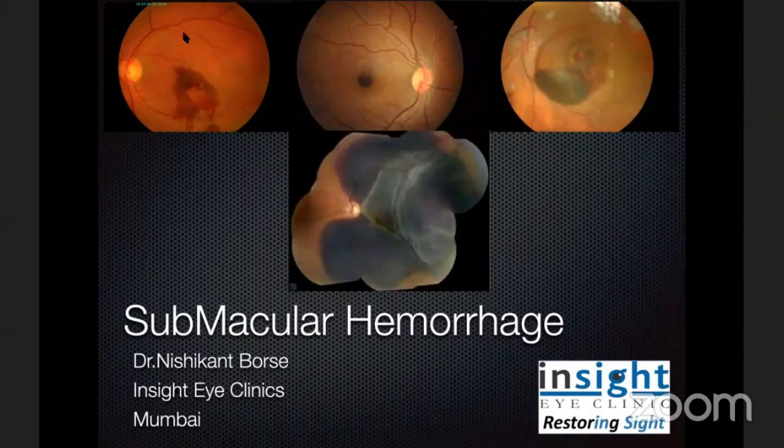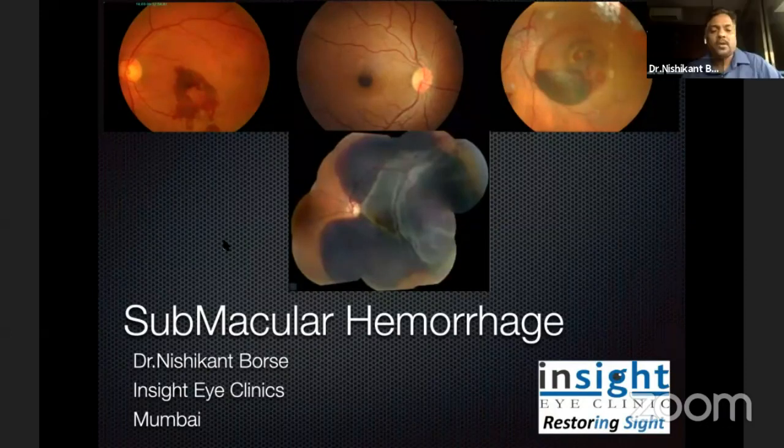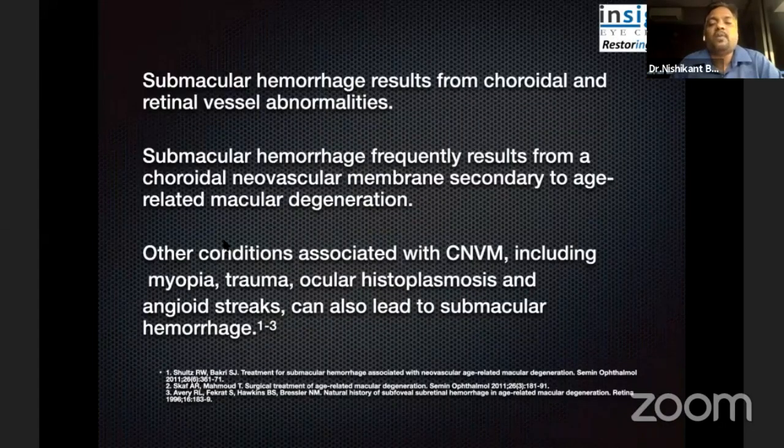So I'm going to be talking about submacular hemorrhage management. As we know, submacular hemorrhage results either from a choroidal bleed or from abnormal retinal bleeds.